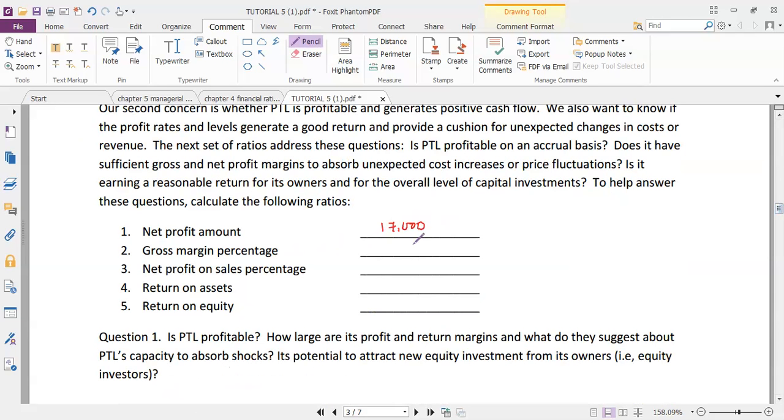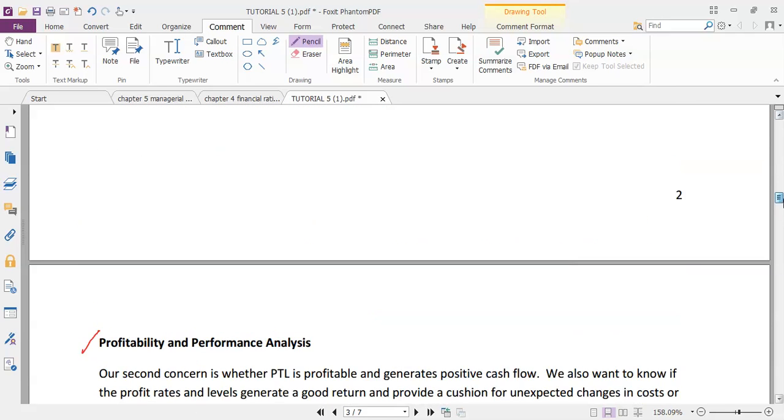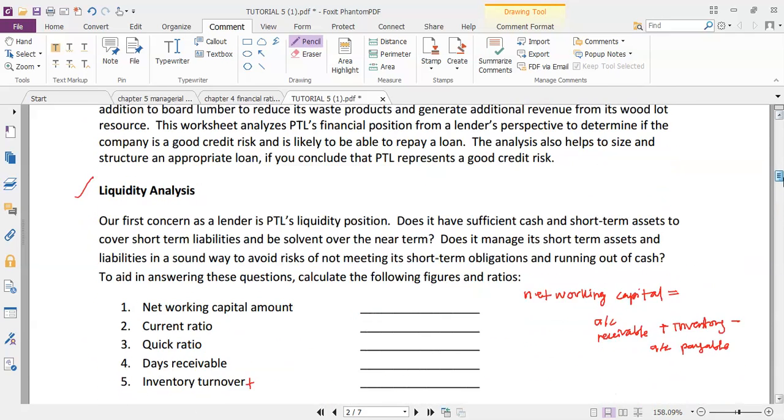So gross margin percentage. How to calculate gross margin?